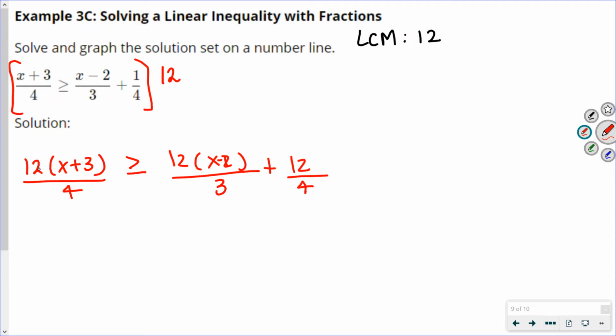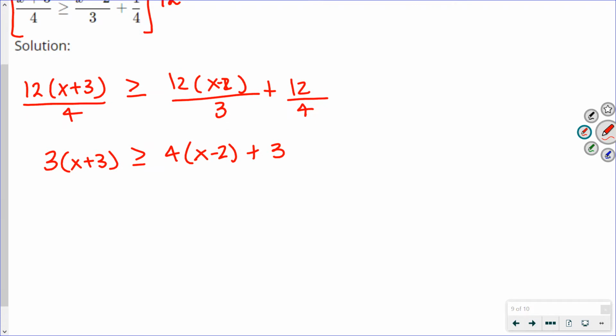Then we're going to reduce. 12 over 4 reduces to 3. 12 over 3 reduces to 4. And 12 over 4 reduces to 3. Now we're going to simplify this. We're going to go ahead and distribute.